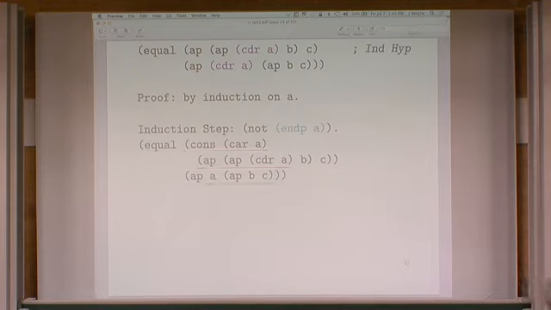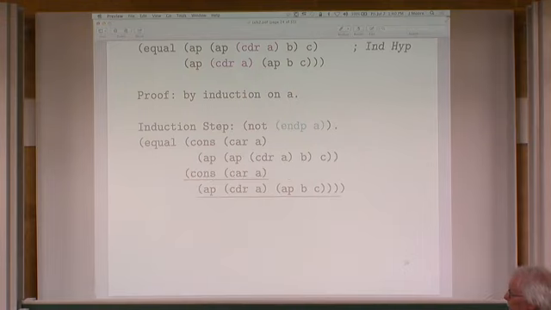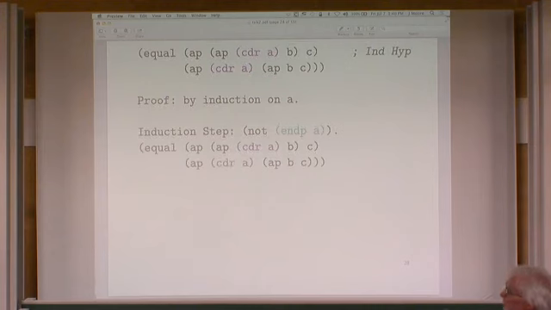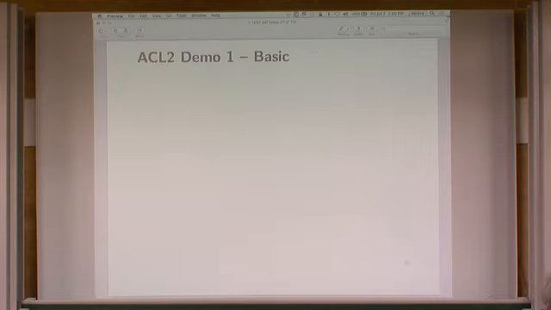And then we focus on this append, and we know how to open it up, it becomes that. We have a rewrite rule that says two conses are equal if and only if the cars are equal and the cdrs are equal. So that first part goes away, and we're left with this, which is the induction hypothesis. So we've reduced the conclusion to the hypothesis, and we're done.